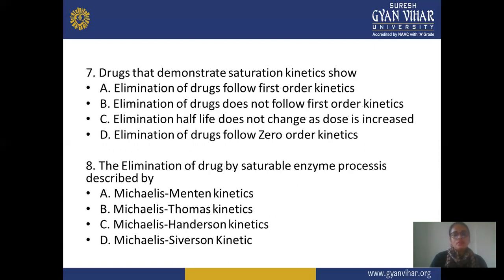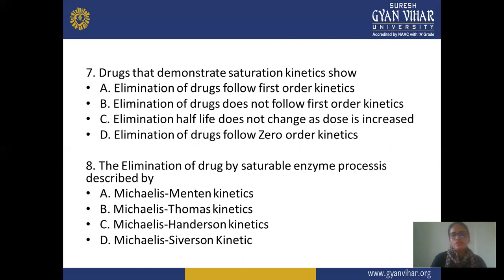In the seventh question, the drug that demonstrates saturation kinetics shows: A option, elimination of the drug follows first order kinetics. B option, elimination of the drug does not follow first order kinetics. C option, elimination half-life does not change as dose is increased. And D option, elimination of the drug follows zero order kinetics.